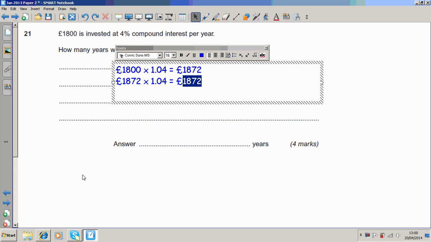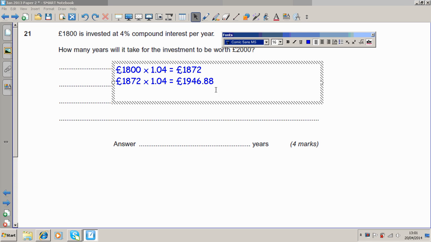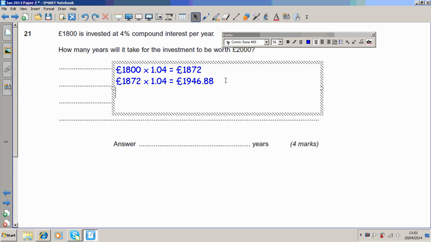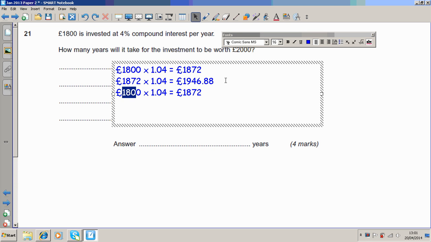And that's going to be £1,946.88. So I still haven't got to what I'm trying to get to. I'm trying to get to 2,000. So we do it again, times by 1.04 again. And we've got £2,024.76.